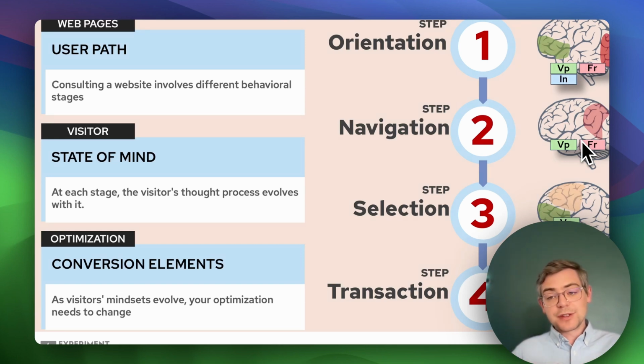And after we have the transaction, which is basically removing any friction. The transaction is most of the time the checkout, where you have to enter information. You don't want to enter the same information 10 times, obviously, so you want to reduce the friction.